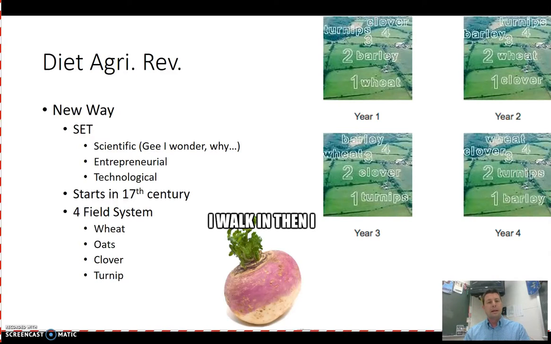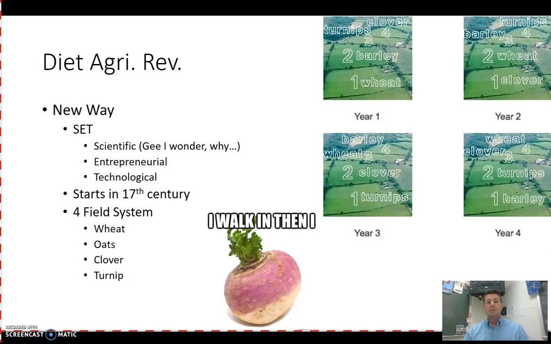Starting in the mid to latter parts of the 17th century, it is a four-field system, and each field is being used every year. You can see the breakdown over here on the side in this diagram. One field will be used for wheat, one for barley, one for turnips, one for clover. Now, the clover and the turnips are really important because they introduce nitrogen back into the soil. That is a nutrient, that element, that we need in order to allow barley and wheat to grow.